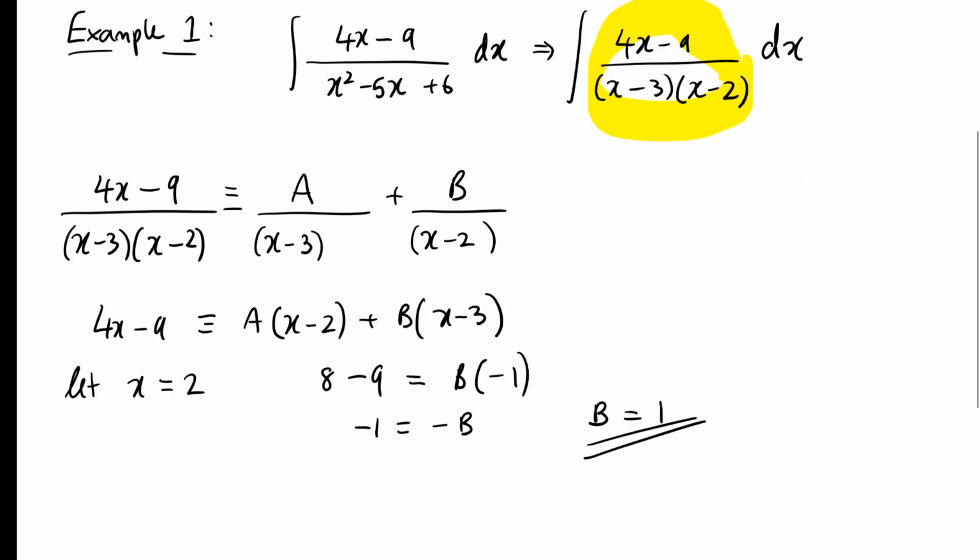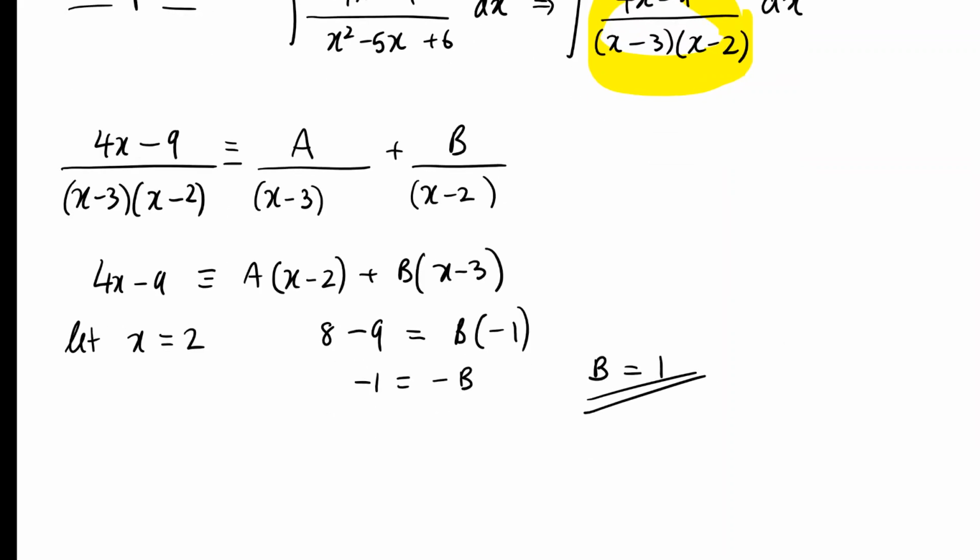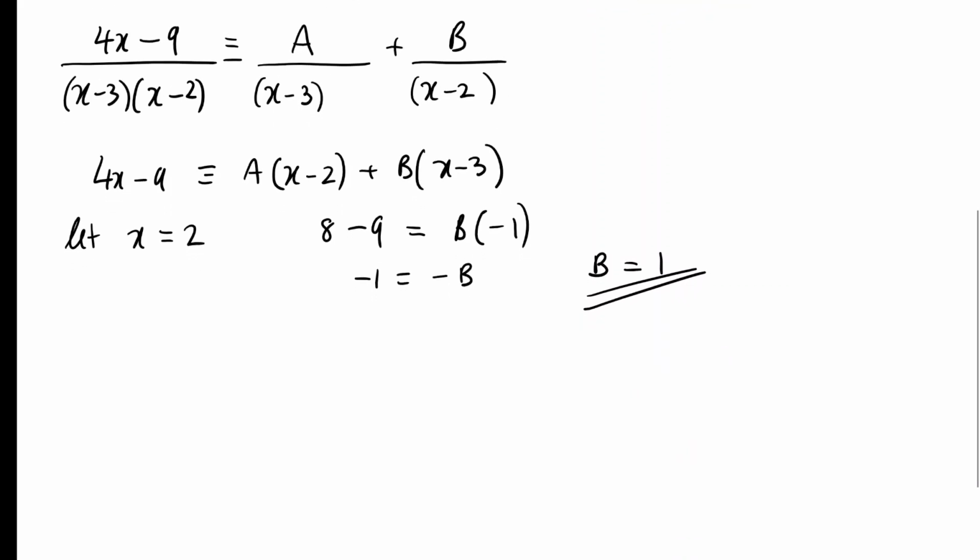You should always do something in your work to draw attention to that, because it's quite easy to then lose that information amongst your work. And then let x equal 3. So 4x would become 12 minus 9 equals a times 1, and there are no b's, so we get 3 is equal to a.